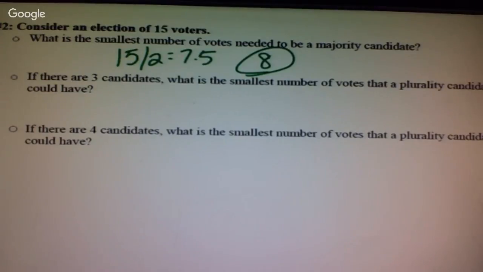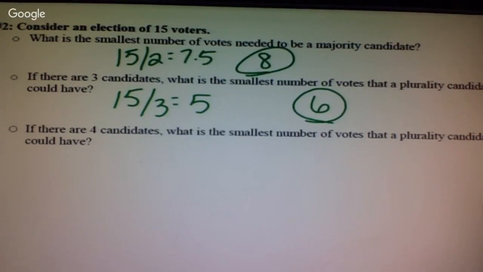Okay, if there are 3 candidates, it's 6. If we split it evenly with 3, everybody would tie with 5, so they need that extra push. They need 6. And what about 4 candidates?